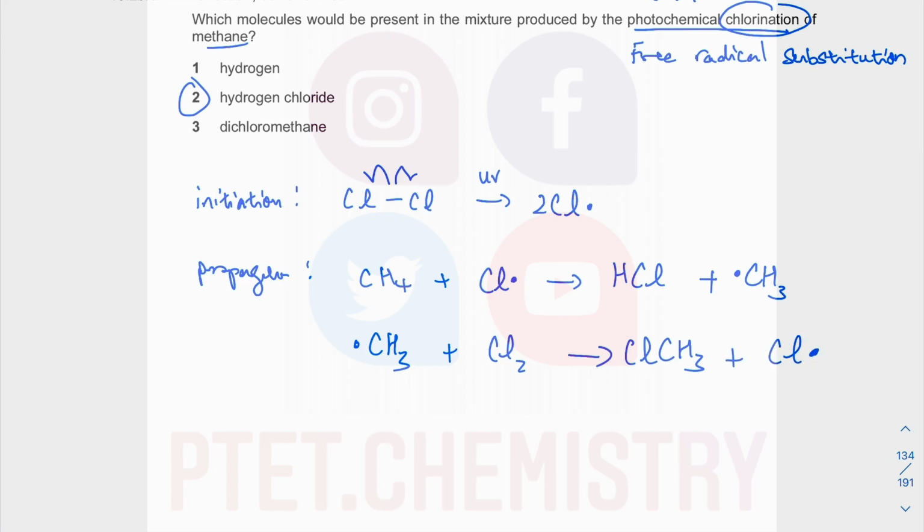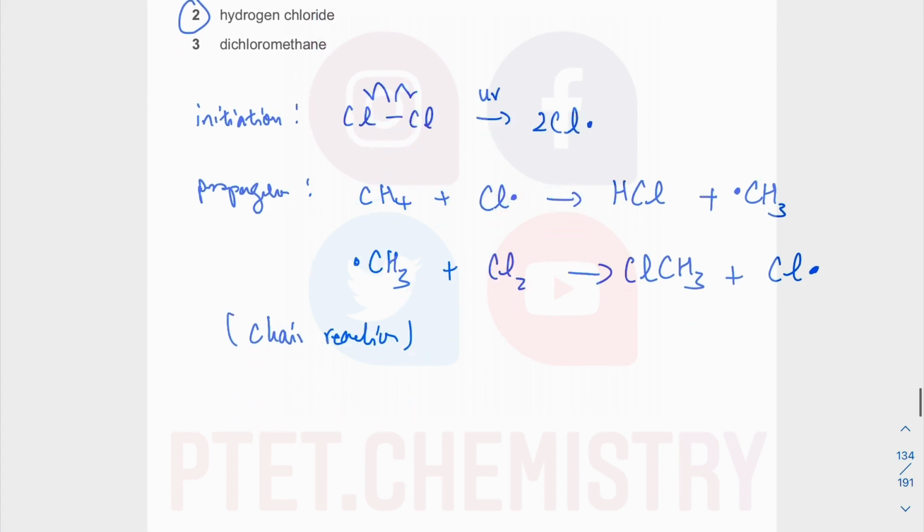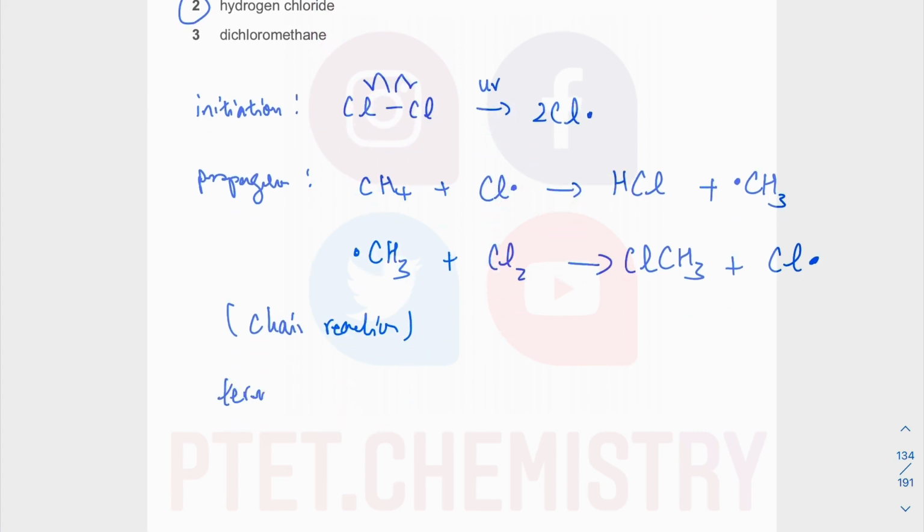And of course, this one can react more with this, or this one can react more with this, etc. It's called a chain reaction for a reason, because you can't really stop at whatever you want. They're just quite difficult to control in reality. In terms of termination, many things could happen, one of which includes the CH3 radical plus another chlorine radical giving you the substituted product.